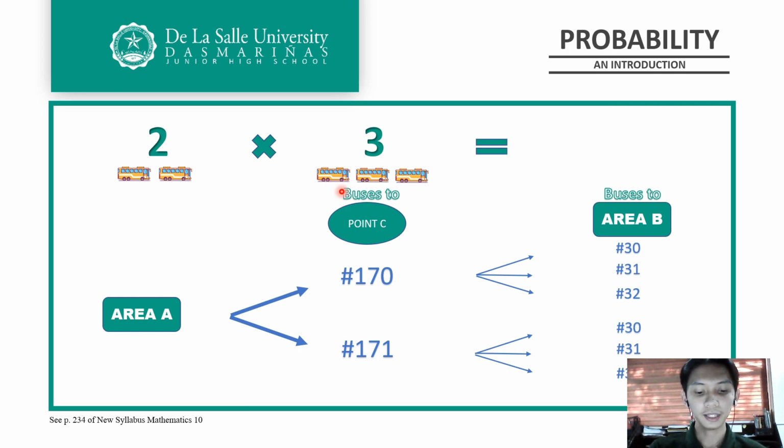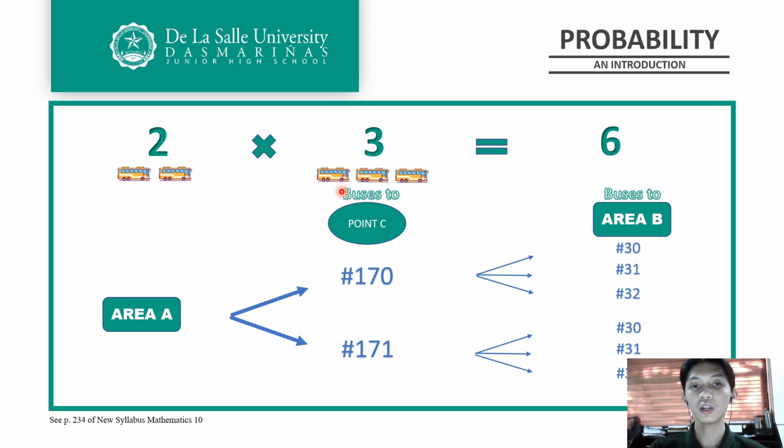For example, he can take bus 170 followed by bus 30, or bus 170 followed by bus 31, and so on. In your book, this is also called the multiplication principle.